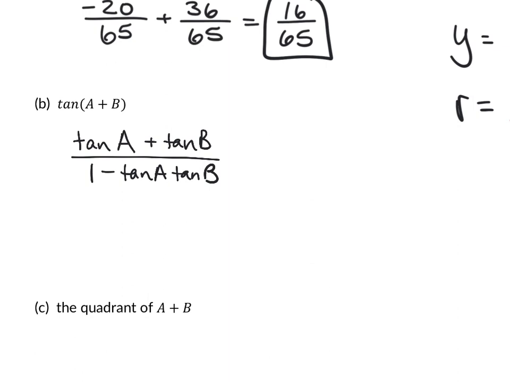If we fill this in, tangent of A, okay, tangent is y divided by x. So for the tangent of A, what should I put in that top of the fraction right there? 4 over negative 3. Move my plus sign a little higher. What about the tangent of B?